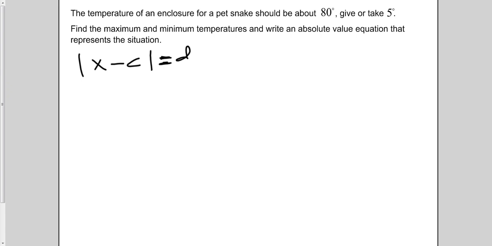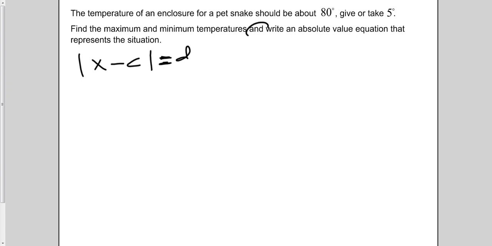So we know that's our formula, so let's see if we can figure out what it is. The temperature of an enclosure for a pet snake should be at 80 degrees, give or take 5 degrees. Find the maximum and minimum temperatures and write an absolute value equation that represents the situation.